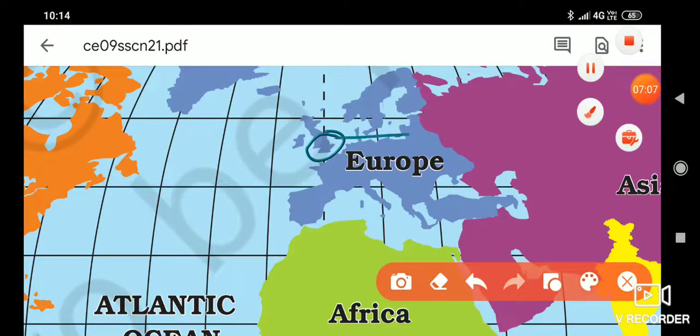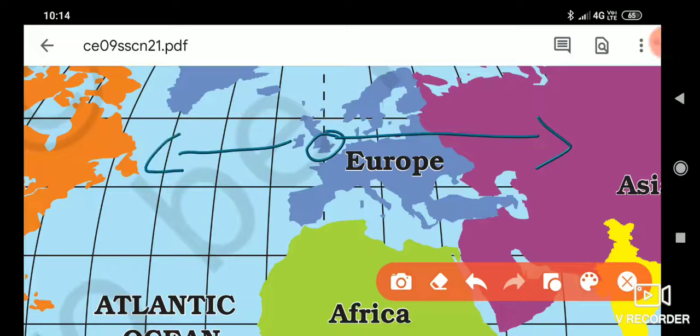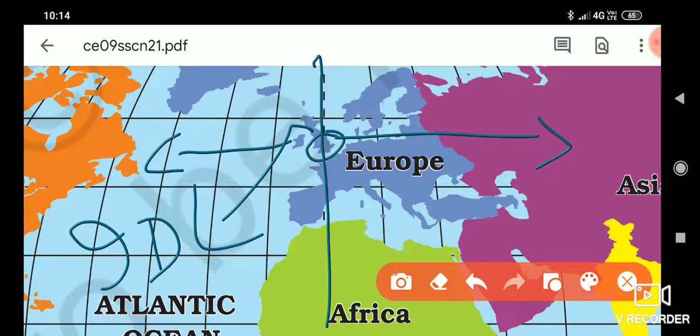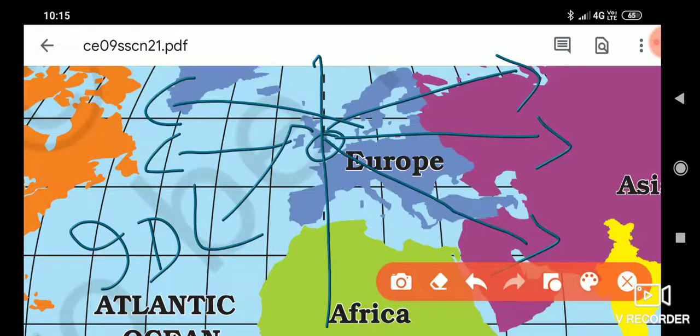That is why this line is also known as the international date line, because these longitudinal extents tell us about the time and dates of the various countries. So I have told you about India's location. Like this, you can get the location of each and every country on the globe.